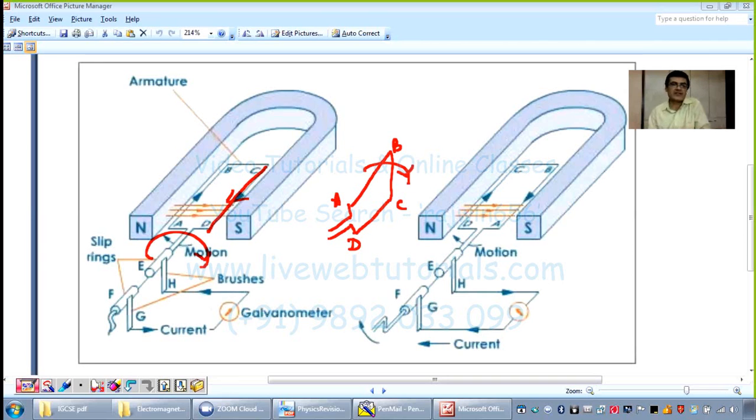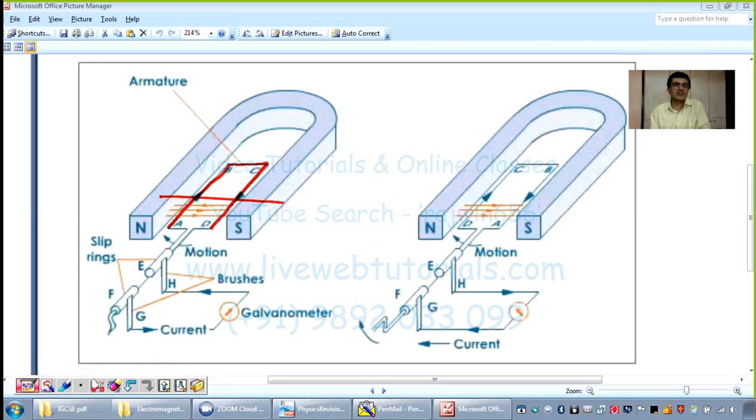Now you can see the position of the coil shown on the right hand side. Initially, when I had considered it, the direction of flow of current was from A, B, C, D. When the coil is in this position, the graph is going to be this way.